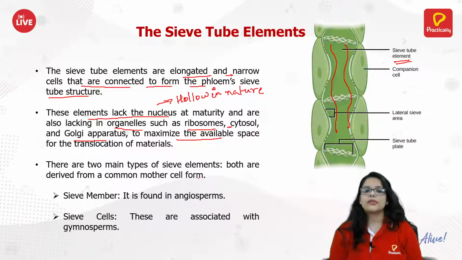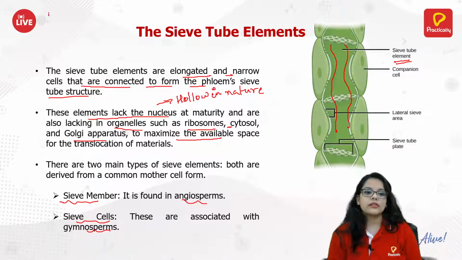And there are 2 main types of sieve elements. Both are derived from a mother cell. Sieve members are found in angiosperms and sieve cells are associated with gymnosperms. So in different plants, they are different in structure.